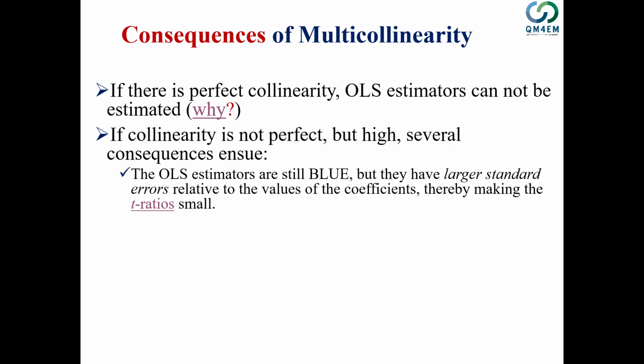The problem is that the standard errors of the coefficients are larger compared to the case of no collinearity. What are the consequences? It makes the t-value small. Now, I'm sure you are lost, so let me demonstrate that.